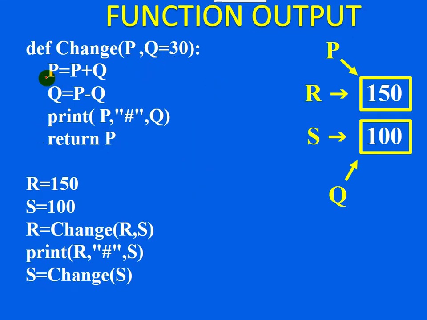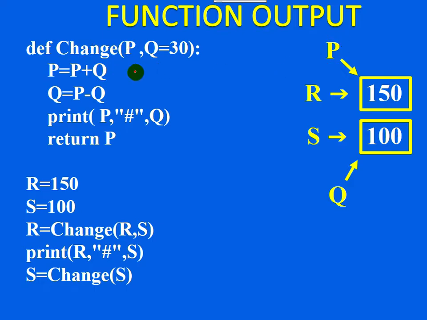Now p is equal to p plus q. Assignment operator, meaning right hand side is assigned to left hand side. What is p? 150. What is q? It is 100. So 150 plus 100, 250, that is assigned to p, or now your variable p points to the integer data 250.